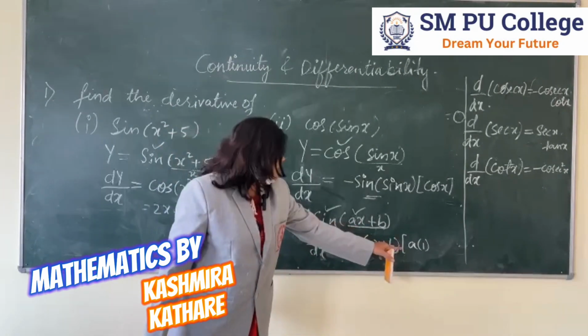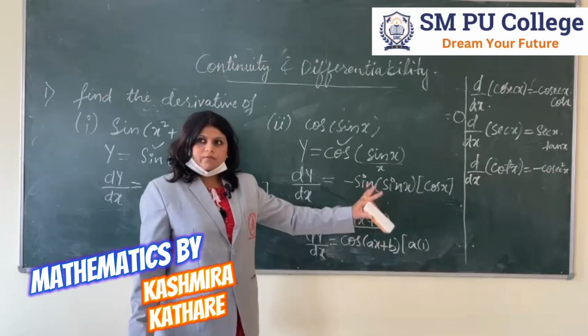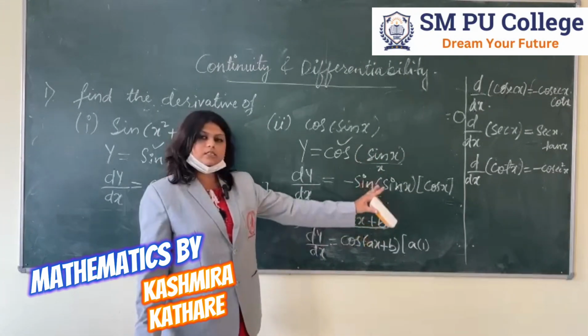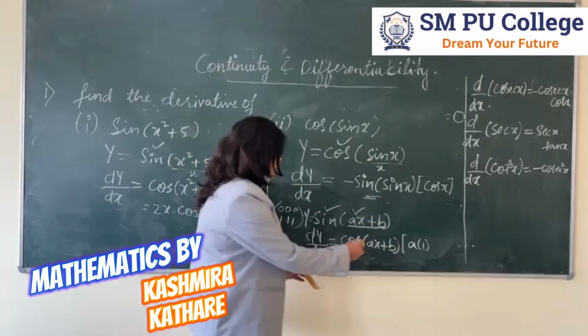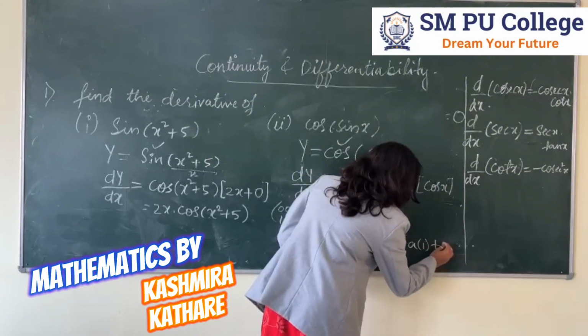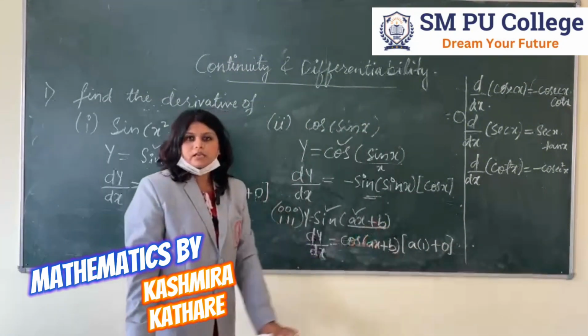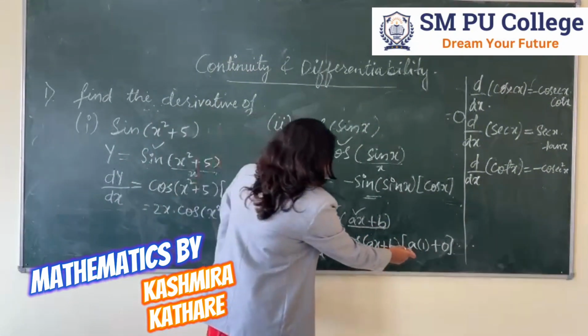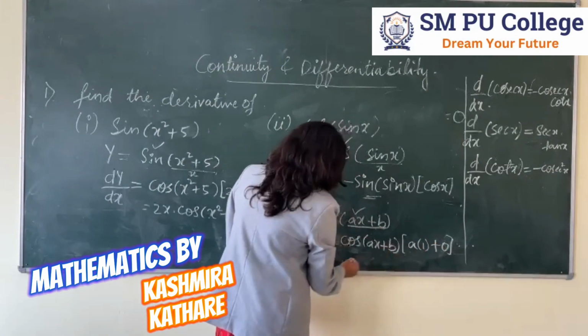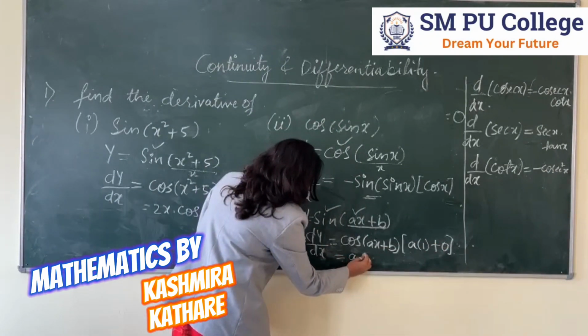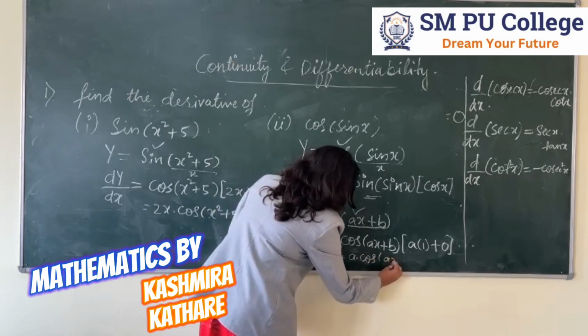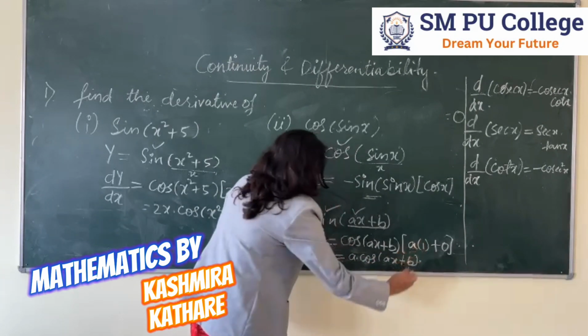So a we have to keep as it is. If the constant is single, we can take it as 0. Now this b is 0 here because that is separate, single. Now a into 1 is a, plus 0 is a itself. You take outside a into cos of ax plus b.